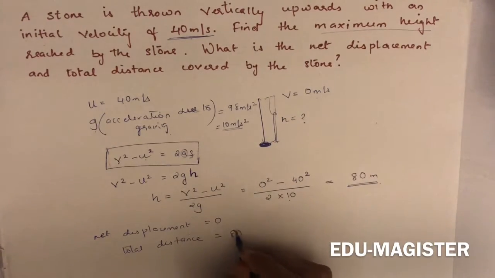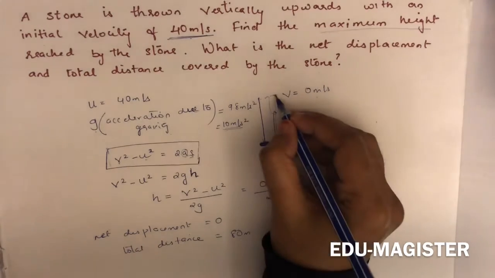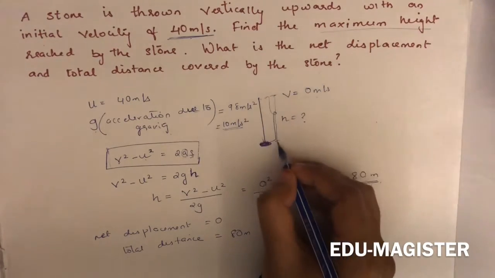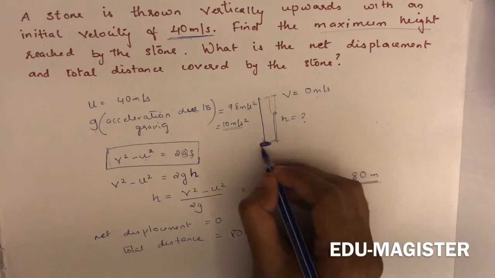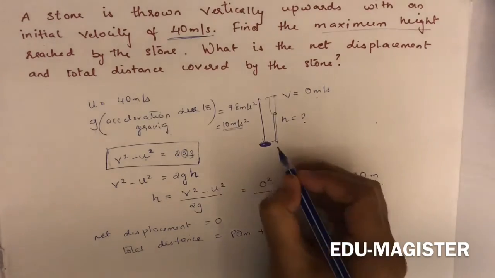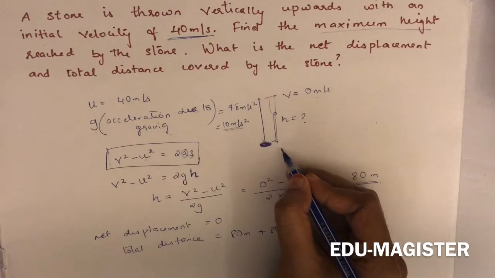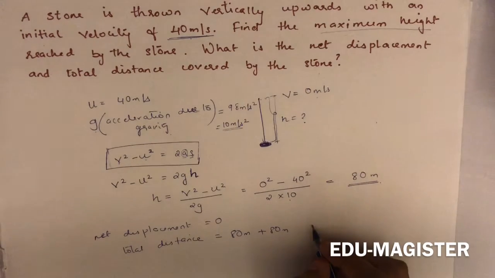So first it is going up, covering 80 meters, and then from this position it is coming back to its original position. So that is again 80 meters. It is going 80 meters up and then coming back 80 meters down. So the total distance will be 80 plus 80, that is 160 meters.